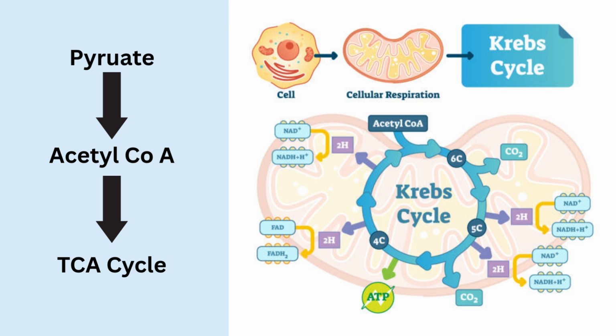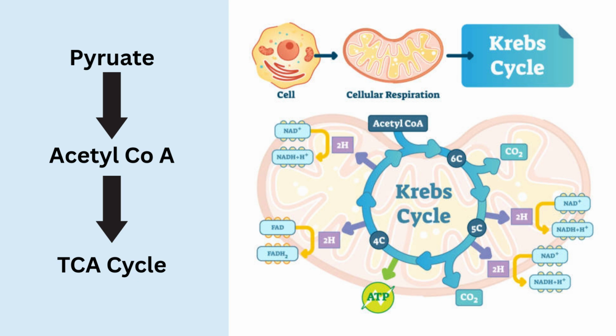In the Krebs cycle, which takes place in the mitochondria, acetyl CoA is completely oxidized. And this releases carbon dioxide, which reduces nicotinamide adenine dinucleotide NAD to NADH2 and flavin adenine dinucleotide FAD to FADH2, and also produces ATP through substrate-level phosphorylation.